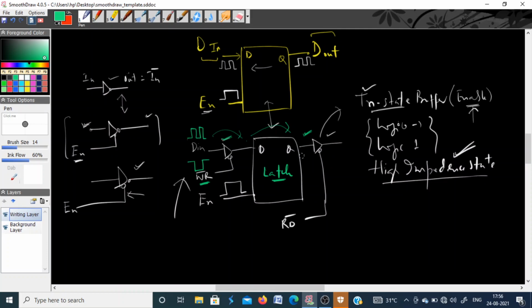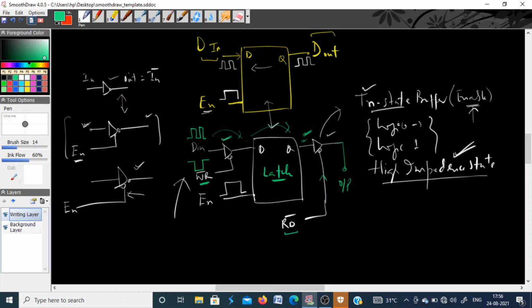Similarly, if you want to read some data from the latch, the read signal must activate this output buffer. The signal is present here, but to read this output you must activate this tri-state buffer by sending a low pulse to this.